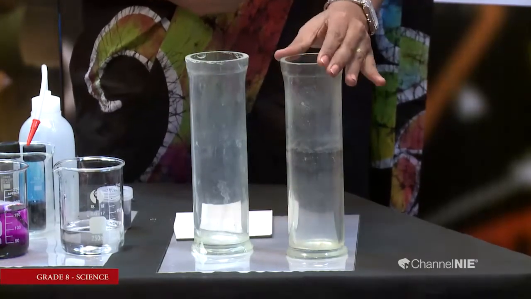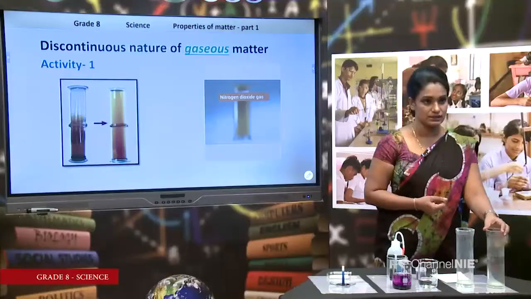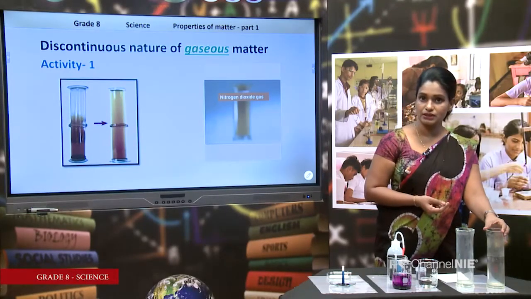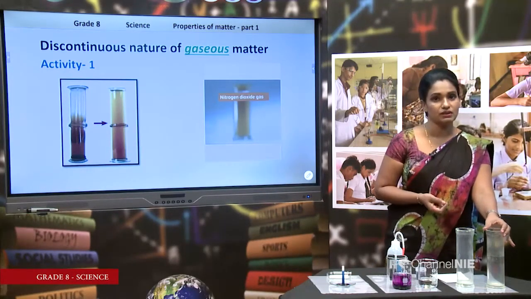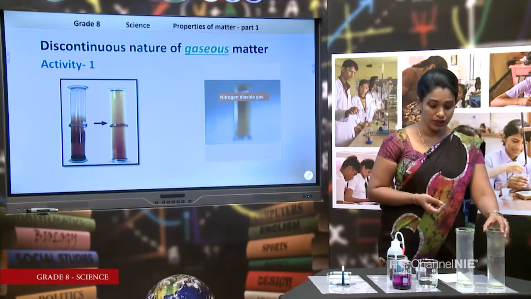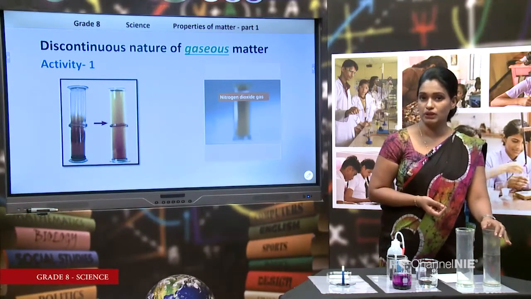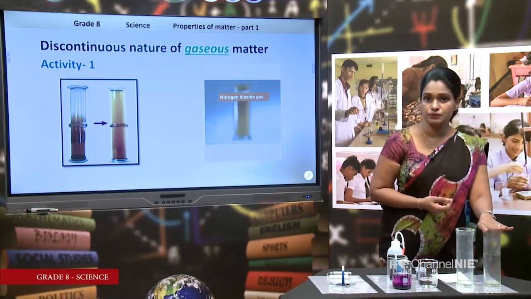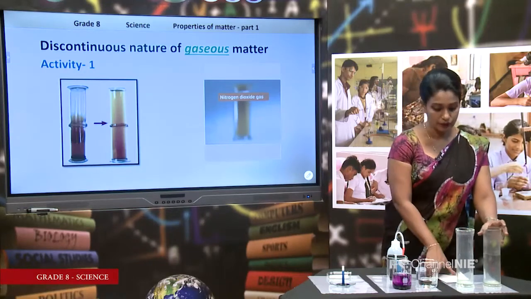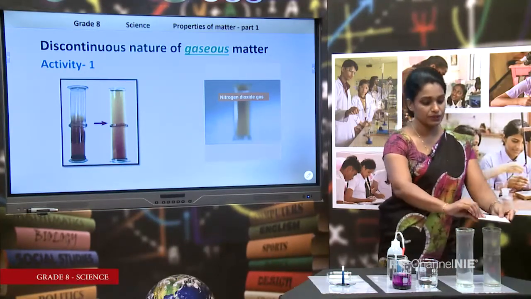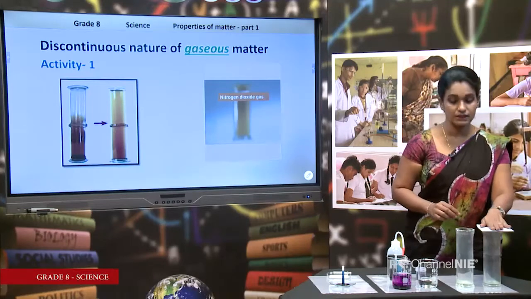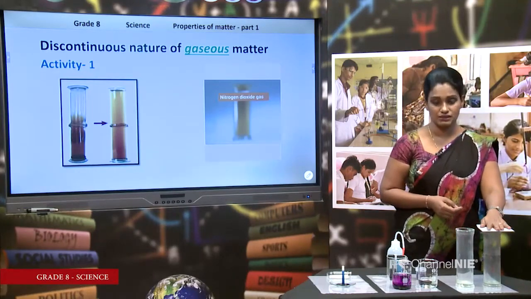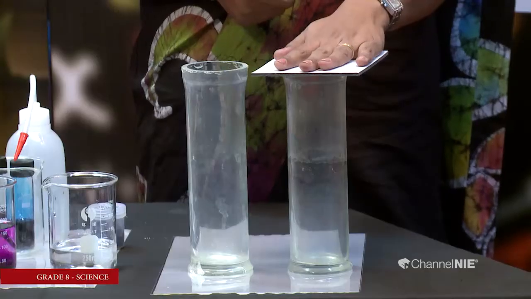There are many colorful gases, nitrogen dioxide or bromine or chlorine, or you can just fill it with fume. Fume you can generate with a joss stick, right? You just need a colorful gas. Then you have to trap it by separating it like this. You can use a glass plate or something like that, right?